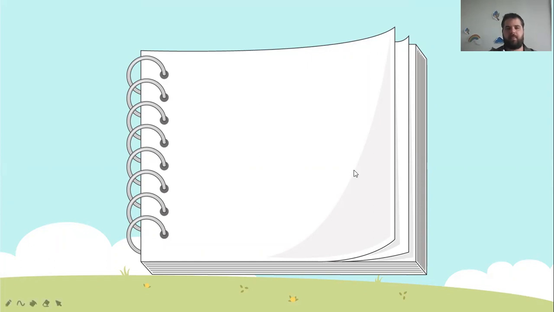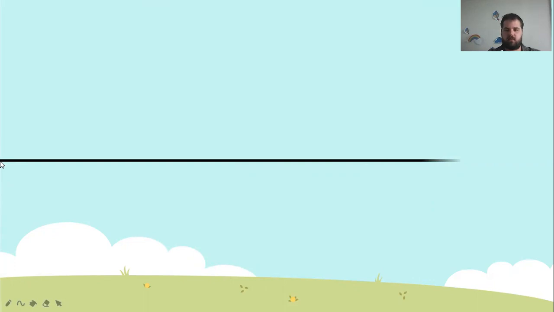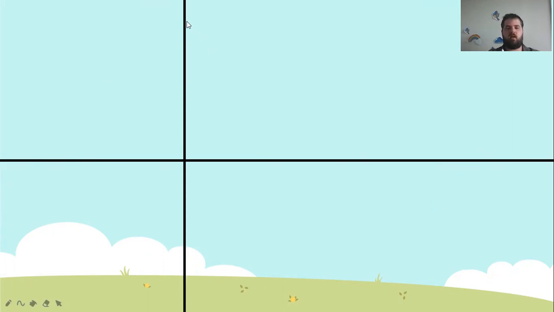First we're going to draw a horizontal line down the middle of your page. Then we are going to make two vertical lines. So we also have our 6 blocks like in the video. So 1, 2, 3, 4, 5, 6.